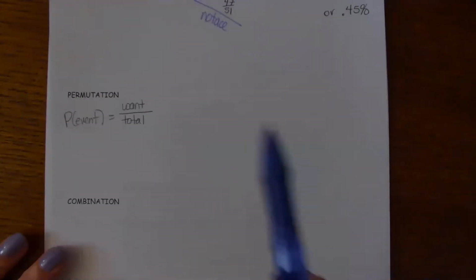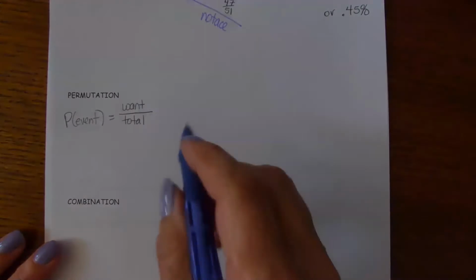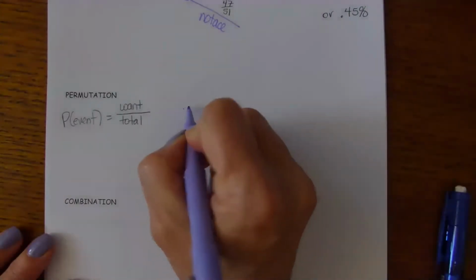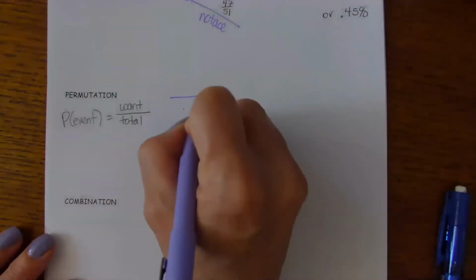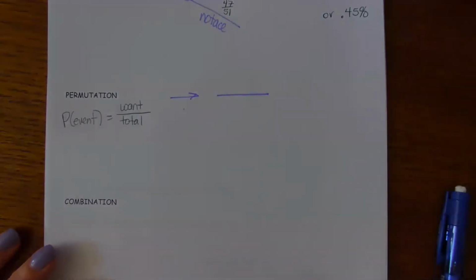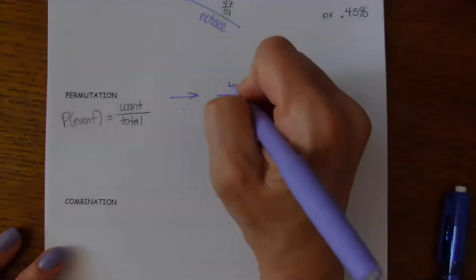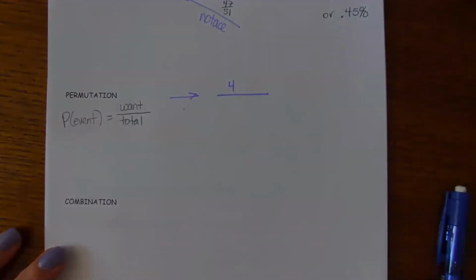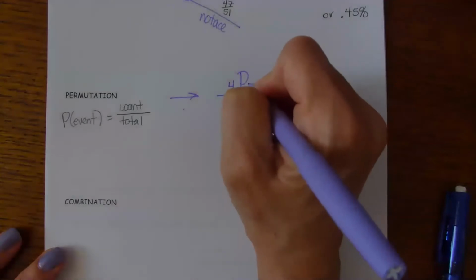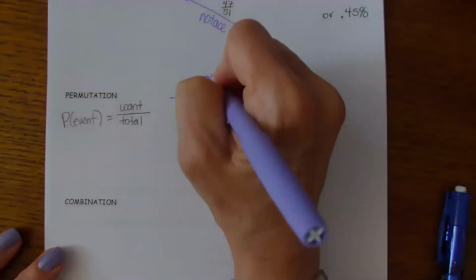So let's look at this. What are we interested in here? 2 aces, you said? 2 aces. So with a permutation, how would you get 2 aces? How many aces are available? 4. How many are you interested in? 2. So this is how we get aces.